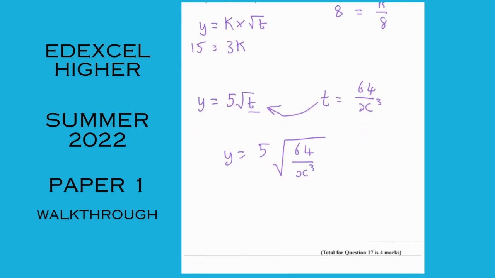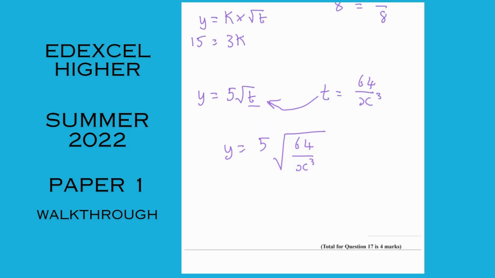Now, when you square root a fraction, you square root the top and square root the bottom separately. If we square root the top, we get 8, but don't forget it's multiplied by 5. If we square root the bottom, you could write it as a fractional power. I'm not going to bother. Doesn't make life any easier for me. And there we go.